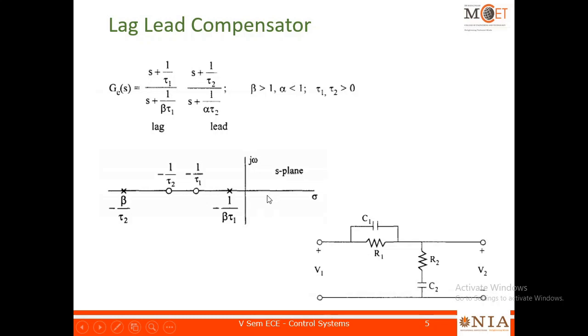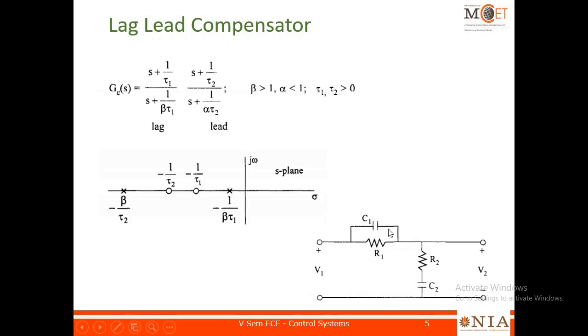As I said, we are not going in depth in the design of the compensators. So we are just giving the transfer function of the compensators, the location of poles and zeros, and an example in the electronic domain. Okay, so that is what we are trying to do here. In-depth reading students can do in the material given.